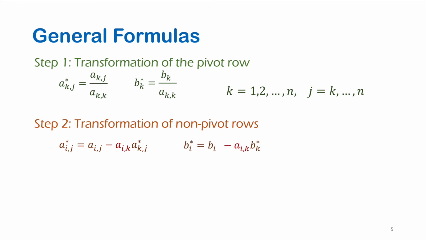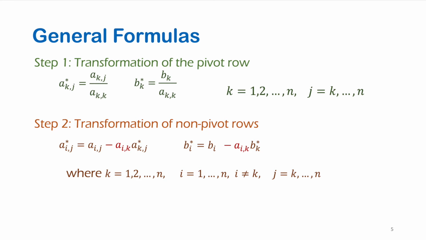Also, we apply the same operation to the corresponding b vector element, where k is the index of the pivot rows and columns, i is the index of the rows during the elimination process above and below the pivot row, and j is the index of the columns inside the coefficients matrix.